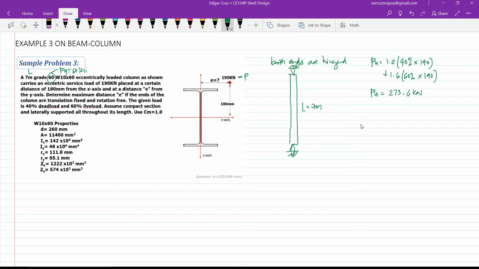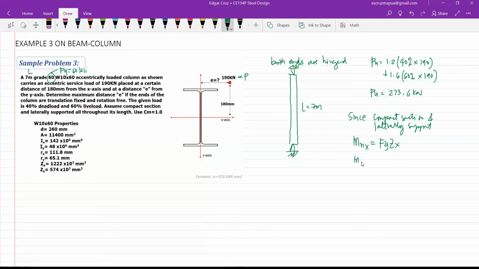Now, assume compact section and laterally supported all throughout its length. What is the implication of that? Since the section is compact as given and laterally supported, that statement says that the nominal moment strength, Mnx, is equal to plastic, and that would be Fy Zx.